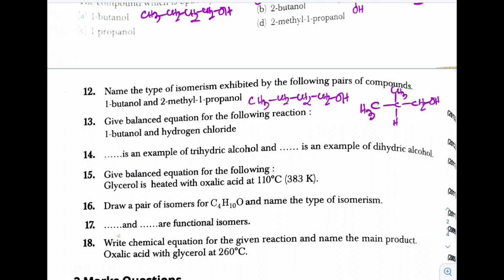So they are asking which sort of isomerism is shown by these two compounds.